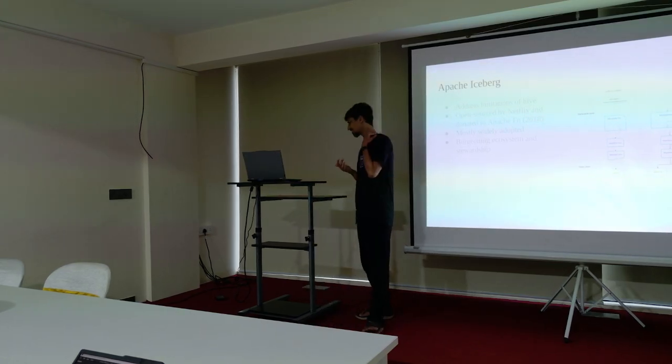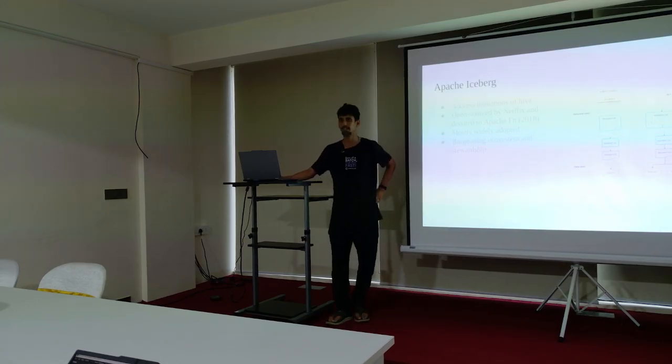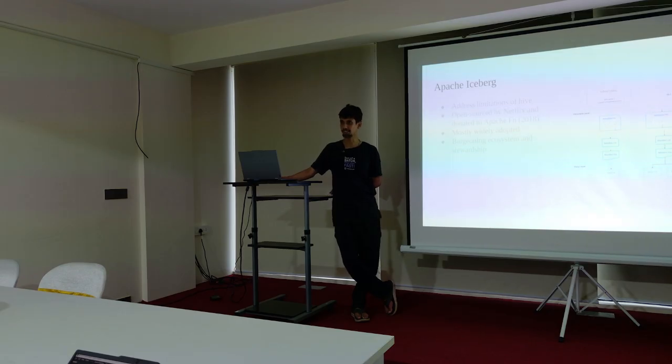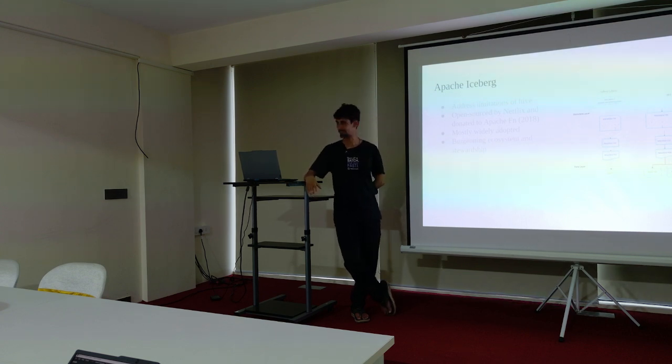Iceberg, in some capacity, is addressing the limitations of Hive. Just like other Apache Foundation projects, Iceberg came out of some guy's pain. That guy, sorry, I don't remember his name, was at Netflix, and at Netflix it was terribly hard to find data.